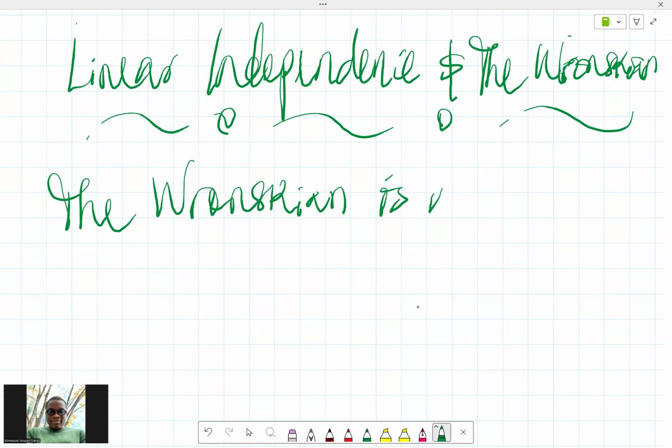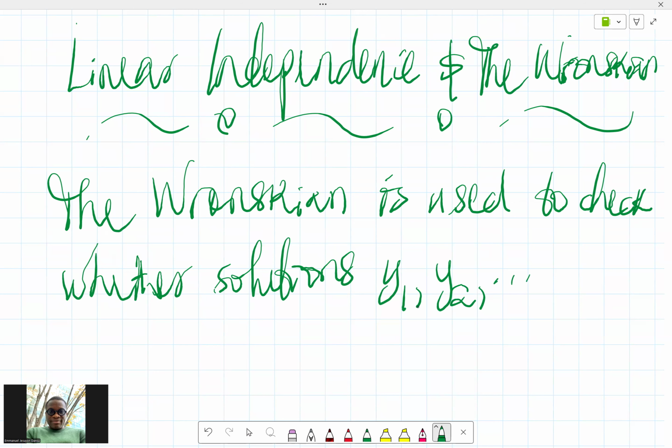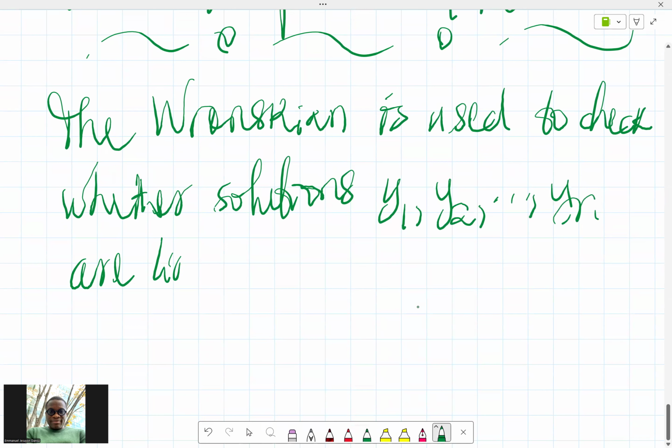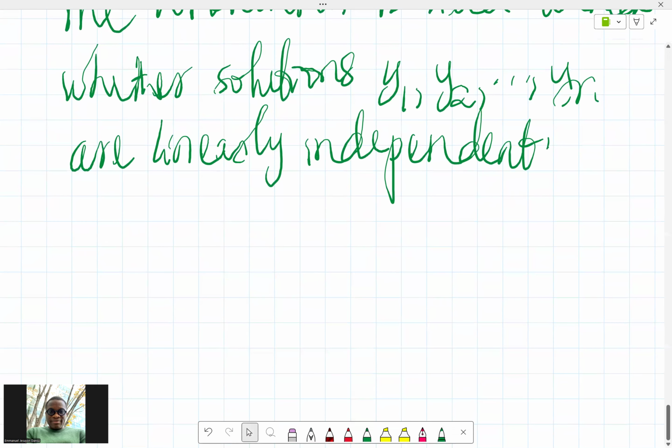The Wronskian is used to check whether the solutions y1, y2 up to yn that we saw above are linearly independent. If they're linearly independent, that means they are unique solutions. But if they are linearly dependent, there's no difference between the solutions, so one solution could represent everything.